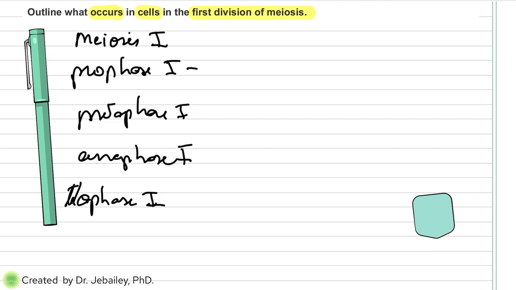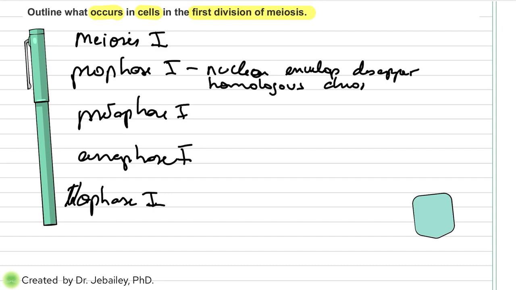Now, in the prophase, you can mention here that the nuclear envelope disappears. You can say here that the most important thing is that the homologous chromosomes pair up. And this is where the crossover actually happens.